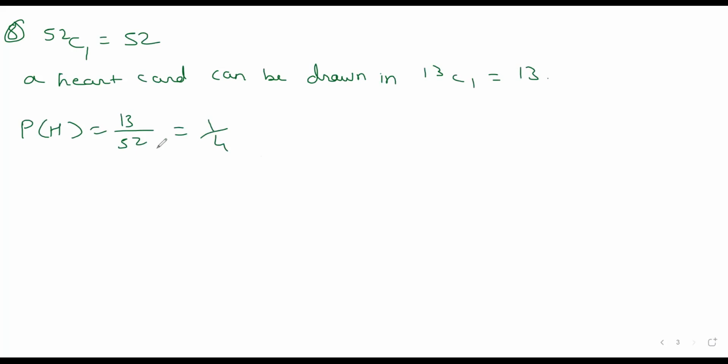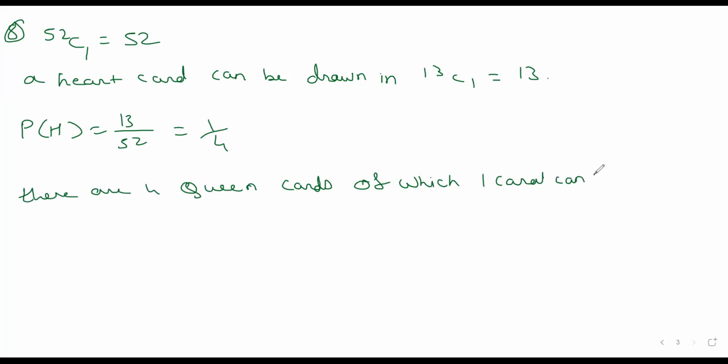Okay, फिर next, queen. How many queen cards we have? There are 4 queen cards, of which one card can be drawn in 4C1 way, that is in 4 ways.